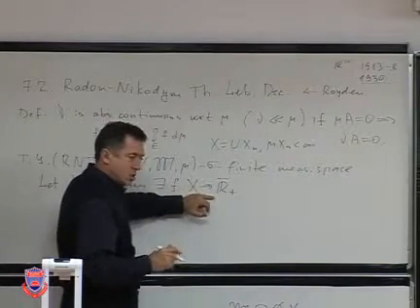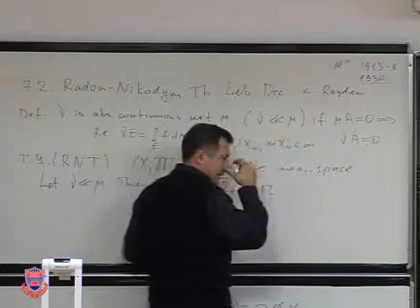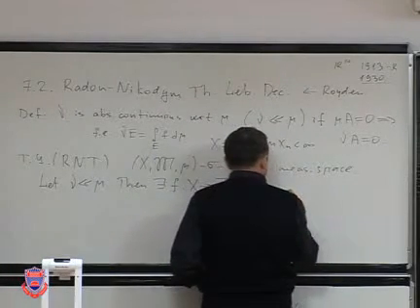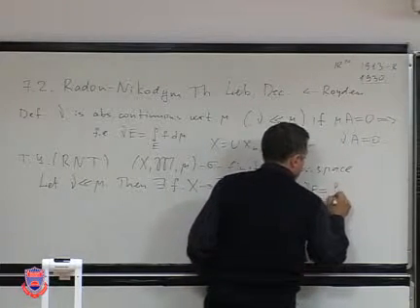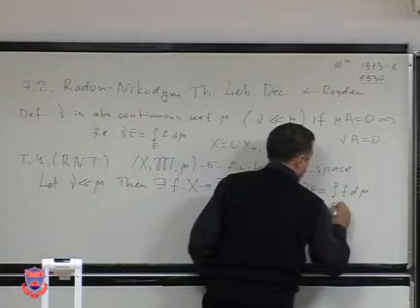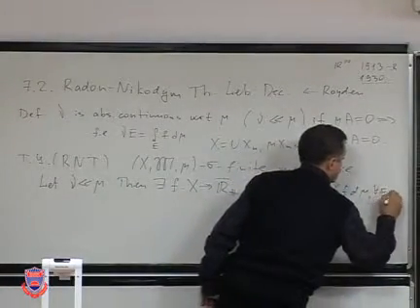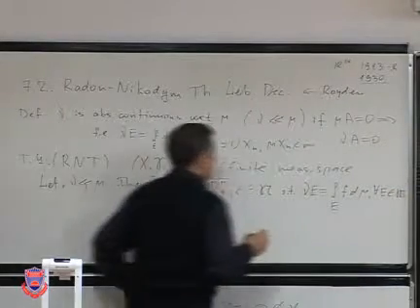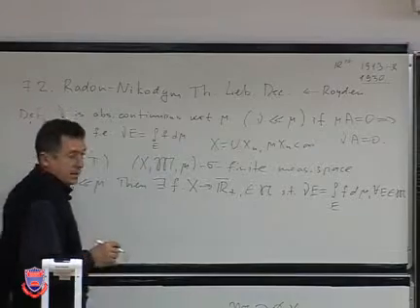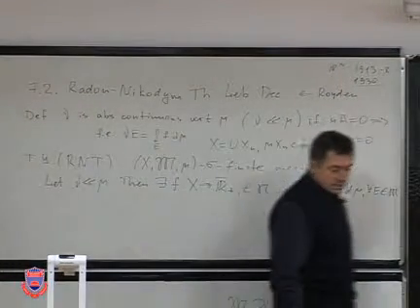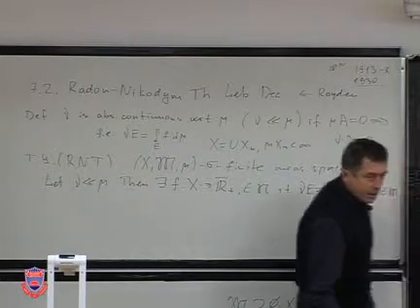So there exists a function in the extended sense, of course measurable, where infinity is allowed, such that we have nu of E equals the integral of f d mu for any measurable set E. Of course, it is supposed that these two measures have the same domain, the same sigma algebra. So this is the statement of the Radon-Nikodym theorem.